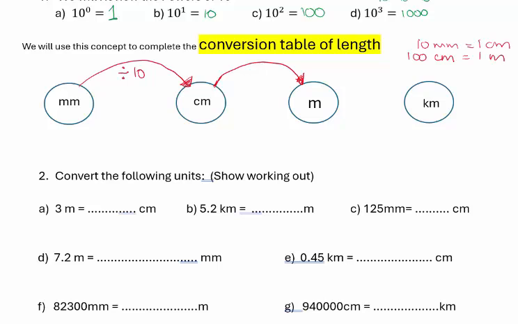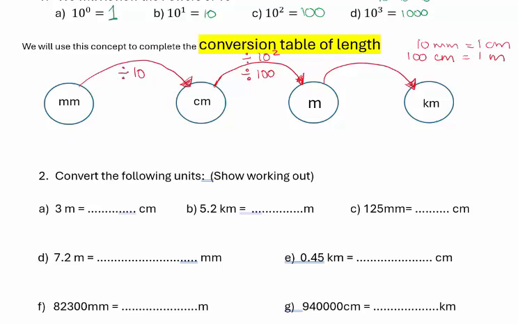So again, it's going from 100 to 1, so it's getting smaller, so I must be dividing by 100. So this is where my little table comes in. I can change that to dividing by 10 to the power of 2. It's not so important now, it's going to be important when we deal with huge things like volumes.